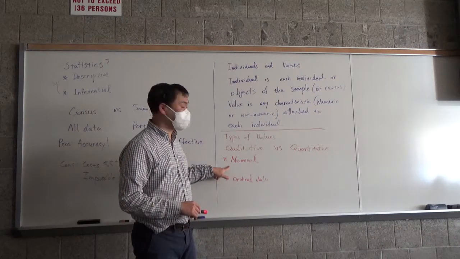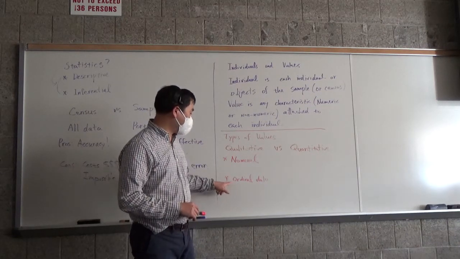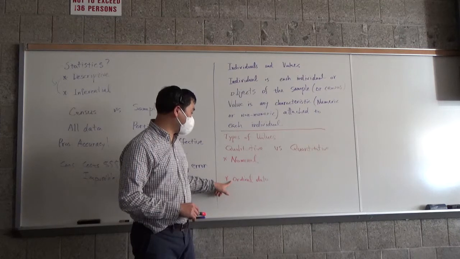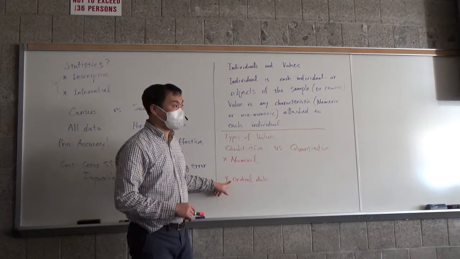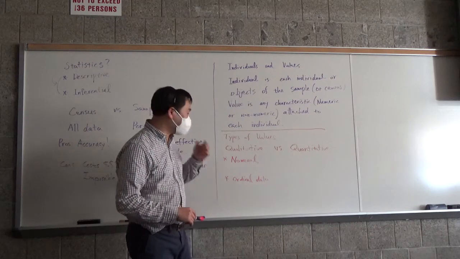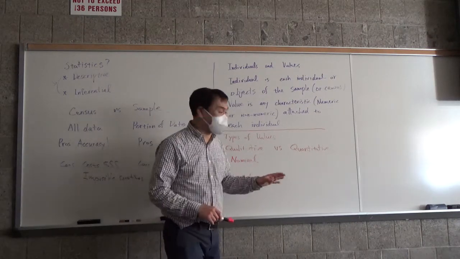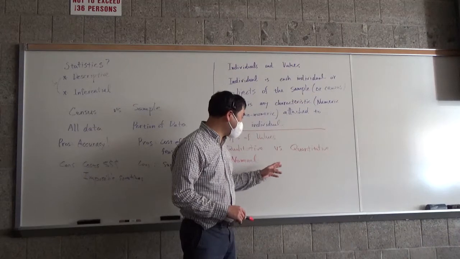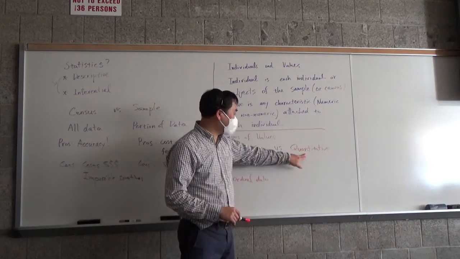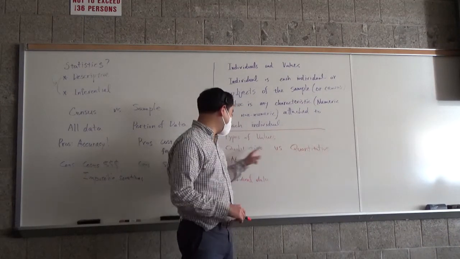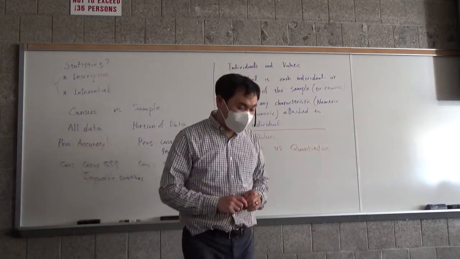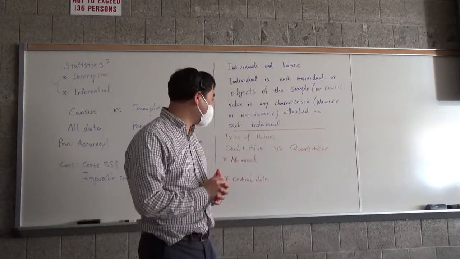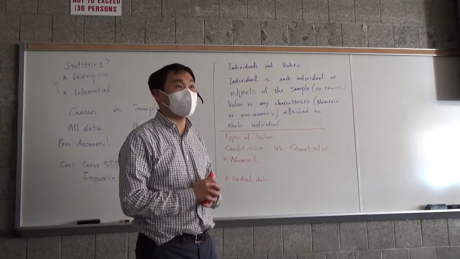On the other hand, ordinal data is, oh, I have to be careful when I said numeric and non-numeric. Sometimes even if it's numeric, it's not quantitative, it's qualitative. An example of such is your student ID. Yeah, it's numeric data, but it doesn't quantify.